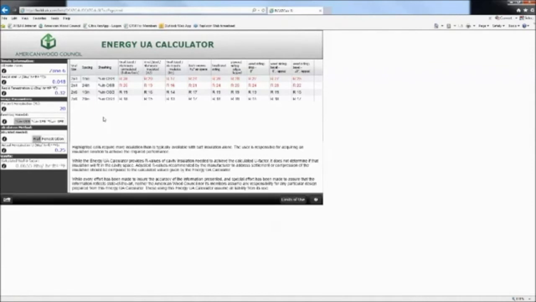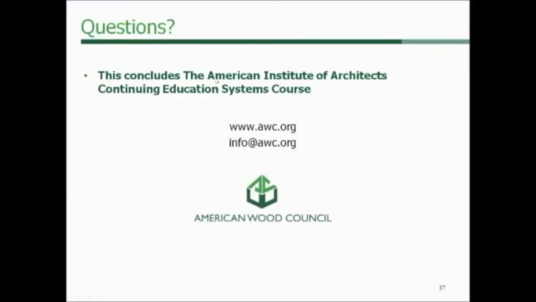Okay, great. Another question here. You said the default framing factor is 25% for standard walls. Why does ResNet have it at 23%? Okay, so that goes back to the difference in definition, right? ASHRAE defines the framing factor as the projected wood area divided by the opaque wall area, whereas ResNet defines it as the projected wood area divided by the total wall area.